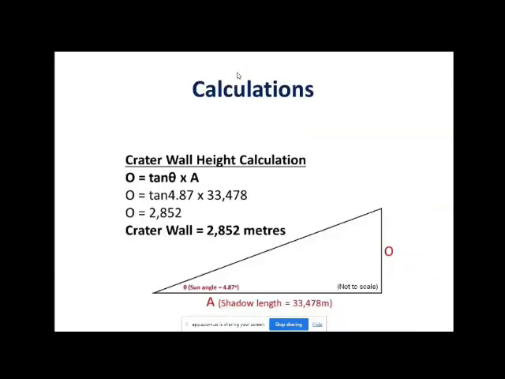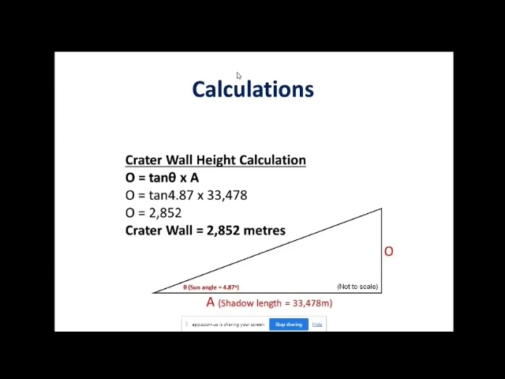Using this, calculate like this: tan theta equals height by base. We use the angle of the sun at that time. The base is the shadow and the height is the unknown here. So the crater height we can also calculate: 2852 meters, 2.8 kilometers.